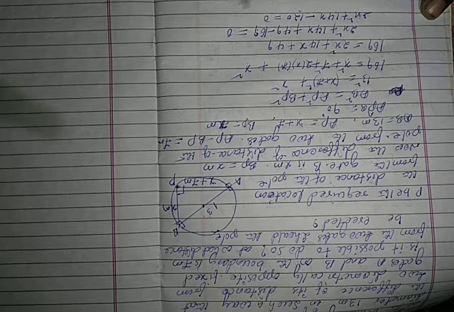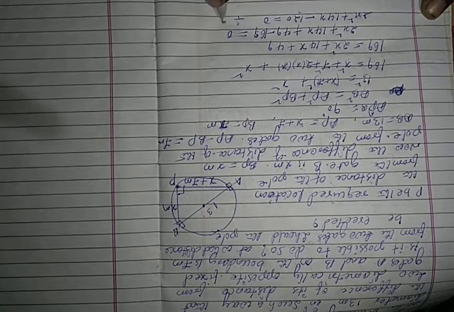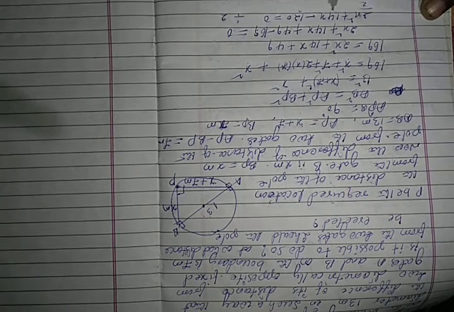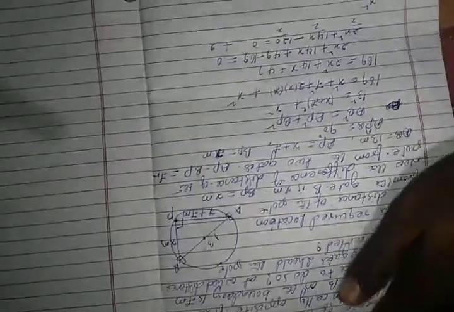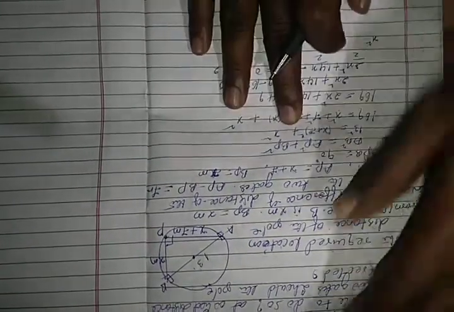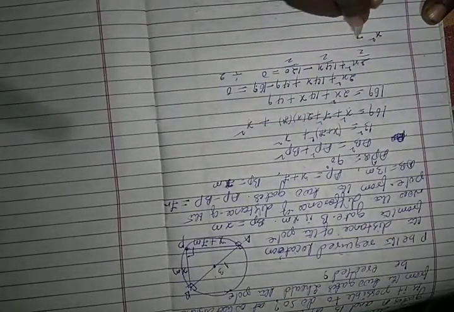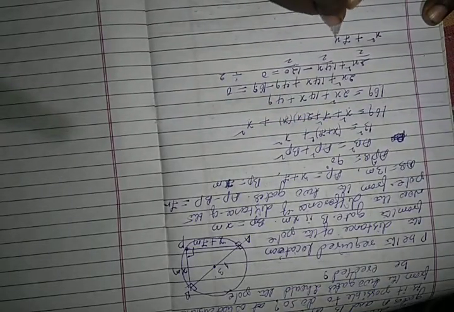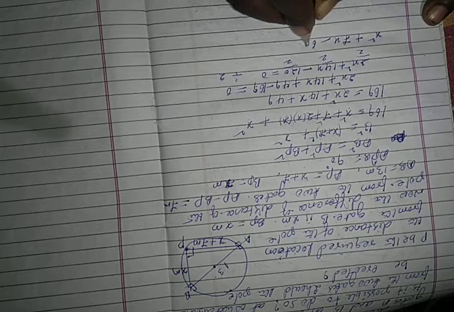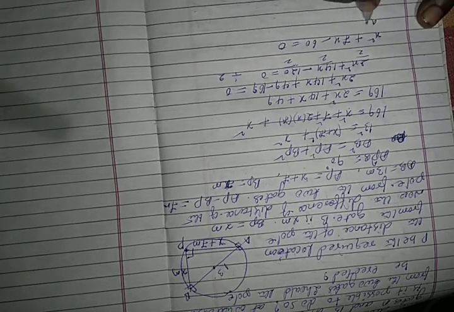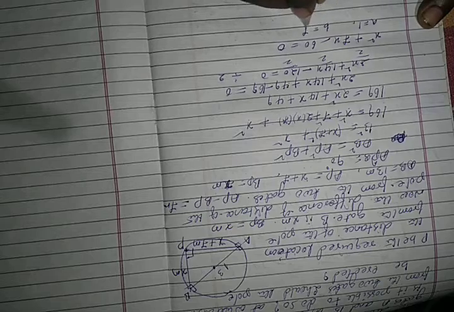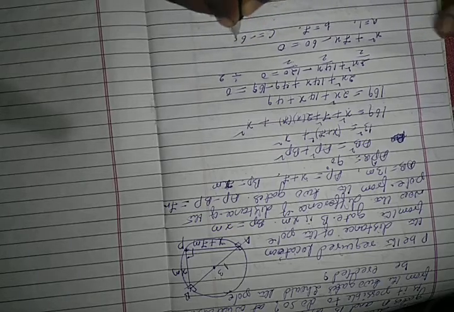All numbers are divisible by 2, so dividing by 2, x square plus 7x minus 60 is equal to 0. So here the value of A is 1, the value of B is 7 and the value of C is minus 60.